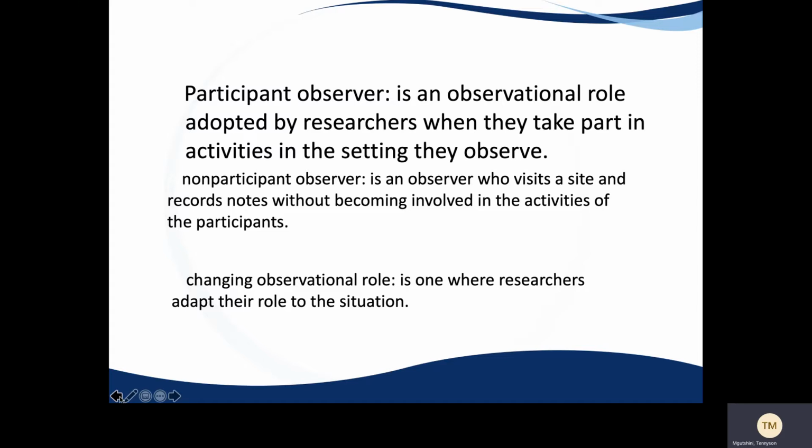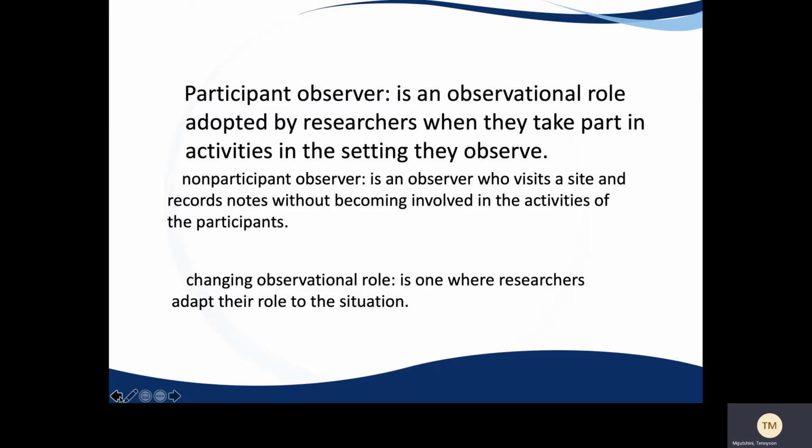The final observational role or possibility is one where people will talk about a changing observational role. So this is researchers who may decide that the situations that they're looking at are so dynamic that there are times where they are required to be participants and times where they are required to be just non-participating in their observation role.